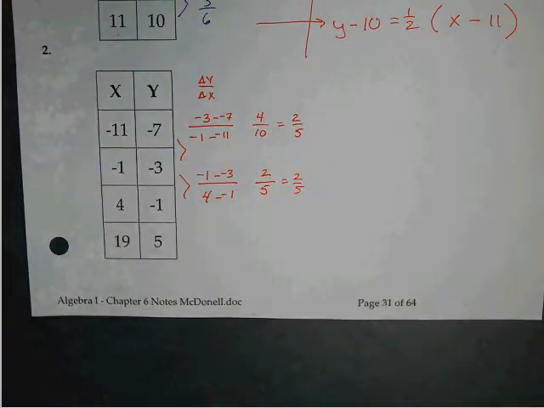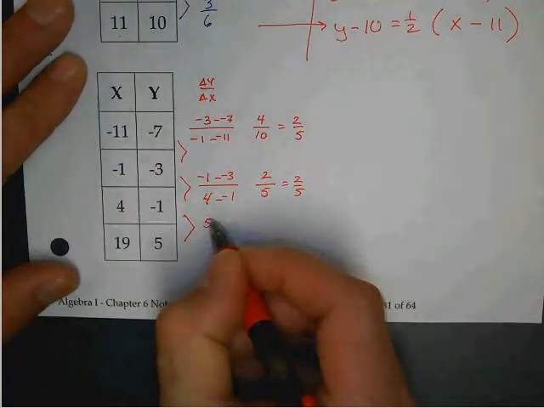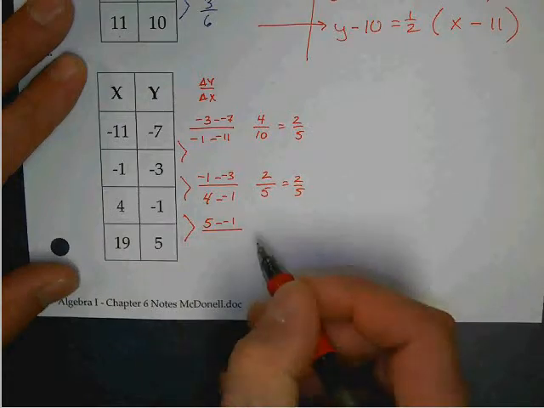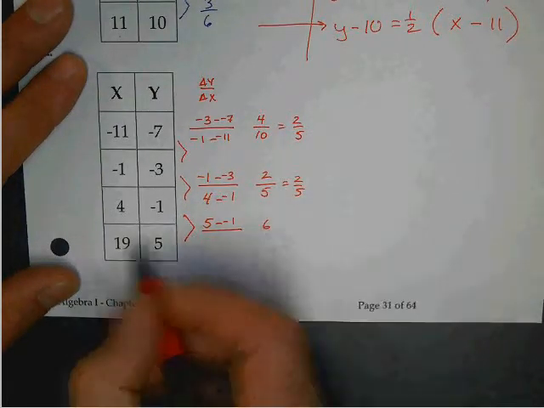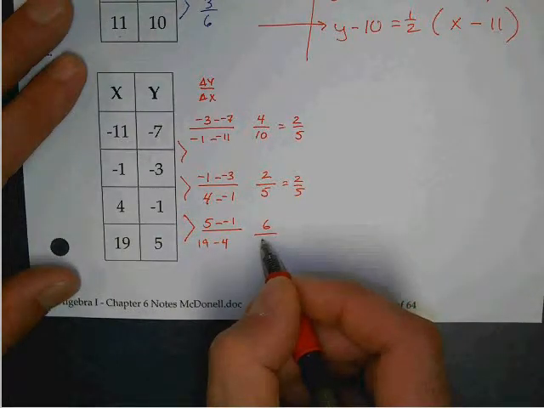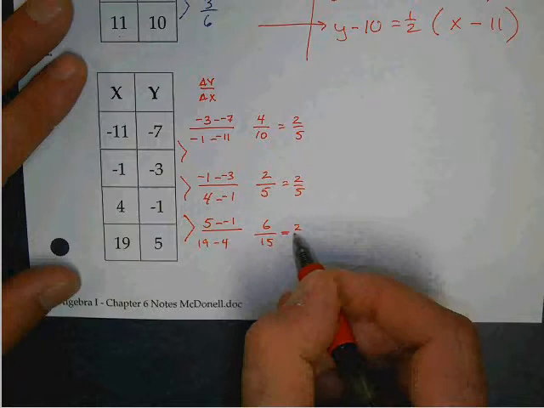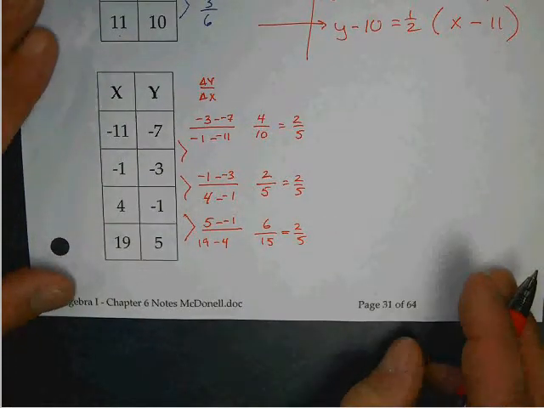Can I stop? I've got 3 of my points in a line. What about the fourth point? I don't know. Let's do it again. 5 minus negative 1 is 6. 19 minus 4. 15. Divide both by 3. 2/5. So is it consistent?